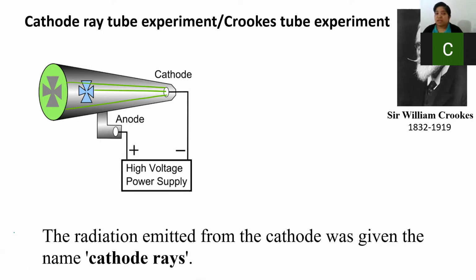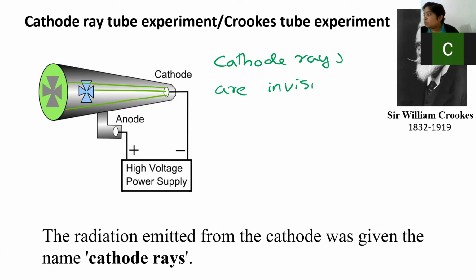Now the thing is that these cathode rays are invisible. So when he first did it with vacuum inside the tube, he didn't see green rays going from cathode to anode.